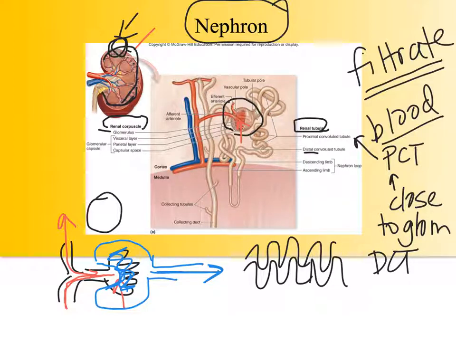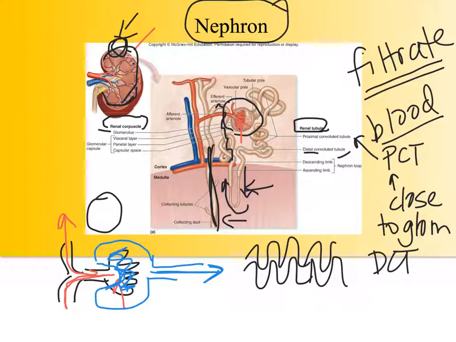Then we go down this nephron loop, which has a descending limb and an ascending limb. Then we go through the distal convoluted tubule, and then we end up in this collecting duct. More than one nephron can dump into a collecting duct.